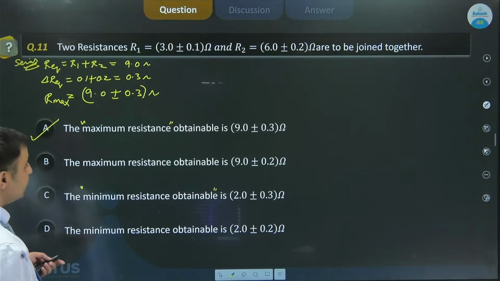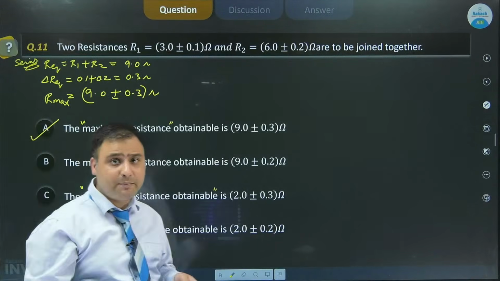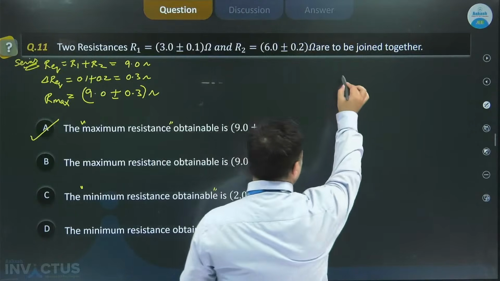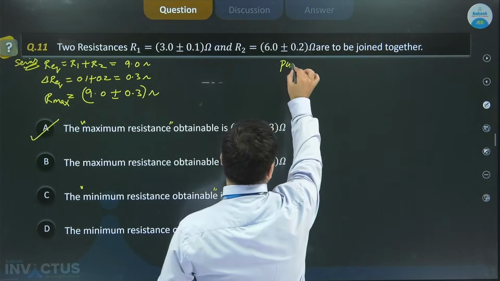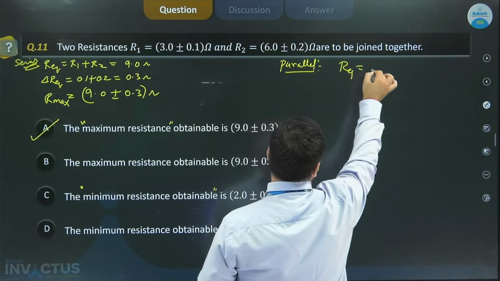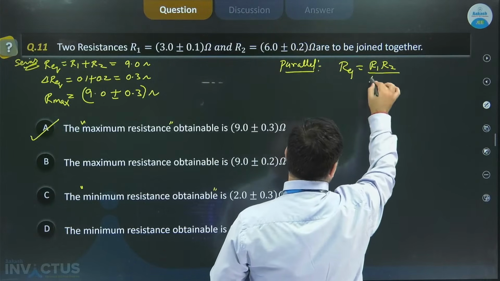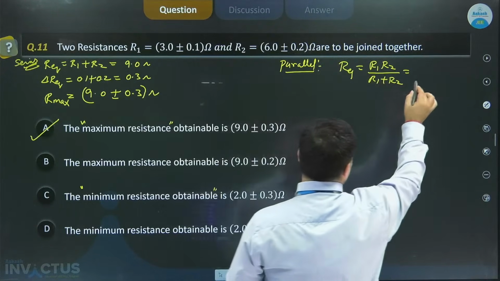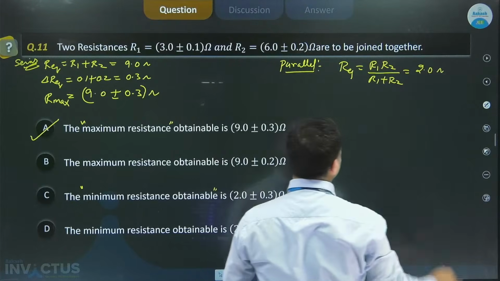Now for minimum resistance, we should join them in parallel. For the parallel combination, R equivalent is equal to R1 R2 upon R1 plus R2. On putting these values, this comes out to be 2.0 ohm.